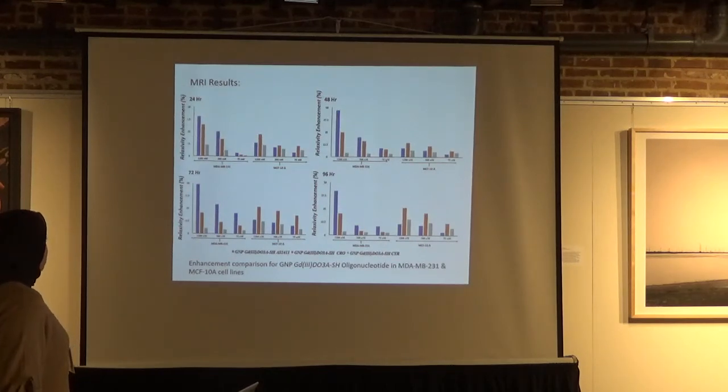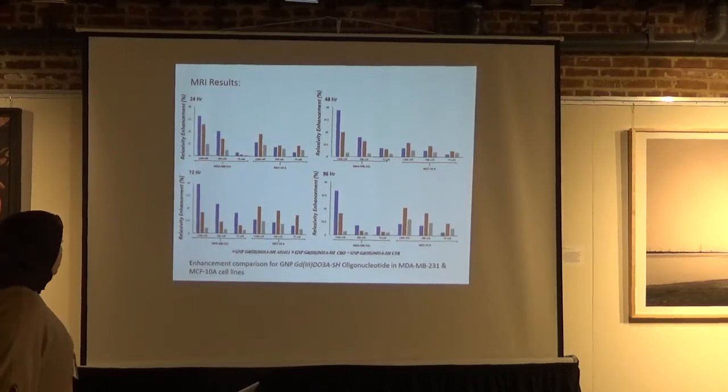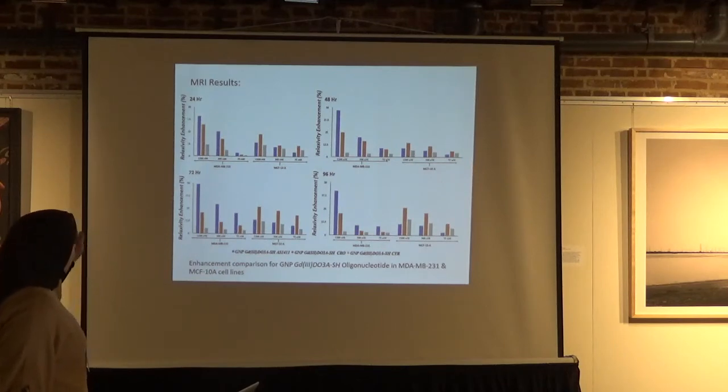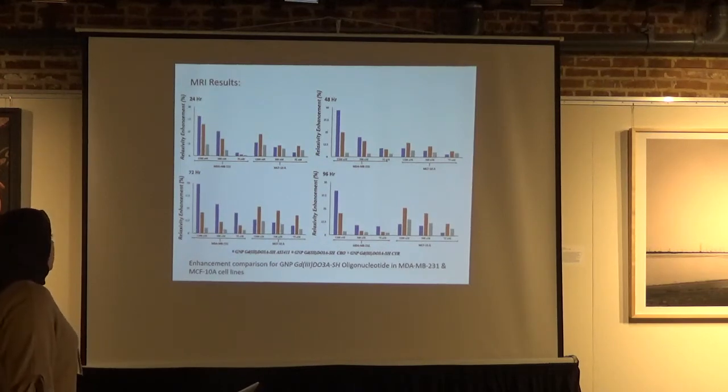The results of the experiment show that particles with ES1411, which are the blue bars, have the highest relaxivity enhancement in cancer cells, with cancer cells on the left side of each figure and normal cells on the right side. And the highest increase in relaxivity enhancement was achieved at 72 hours of treatment.